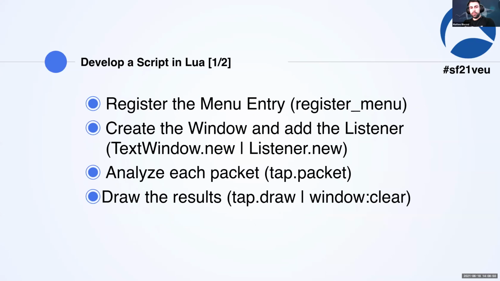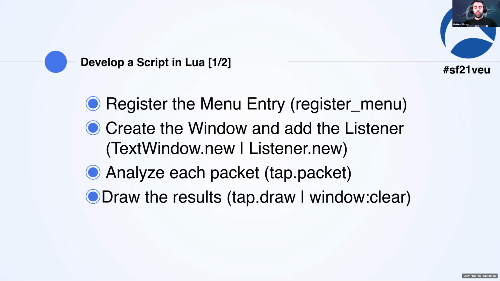So let's take a look at how it is possible to develop a Lua script in Wireshark. First of all, you have to register the menu entry. In this way, you are able to click on your script and run it. I'll show you it later with a brief demo.